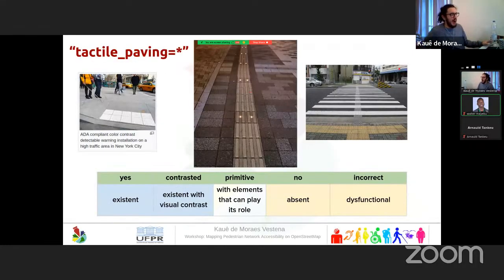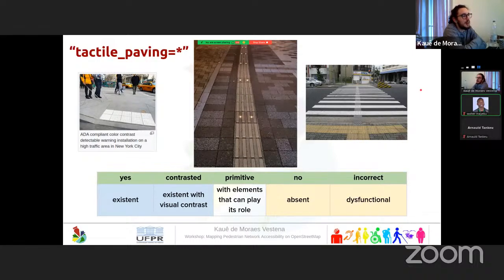And now we're going to tactile paving. It's generally a Boolean one, so either you have it or you don't have it. Some crossings feature tactile paving. That's such a nice feature.